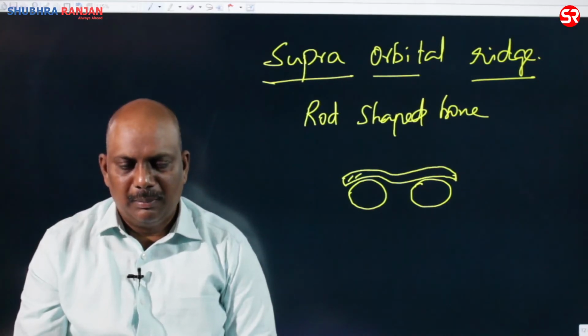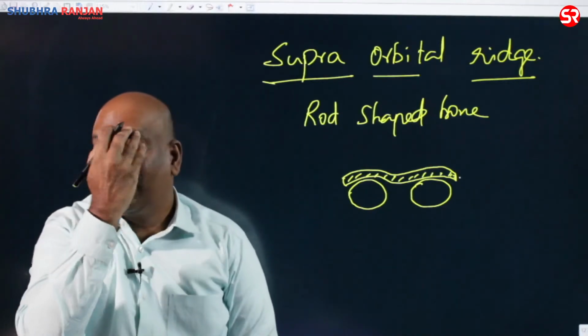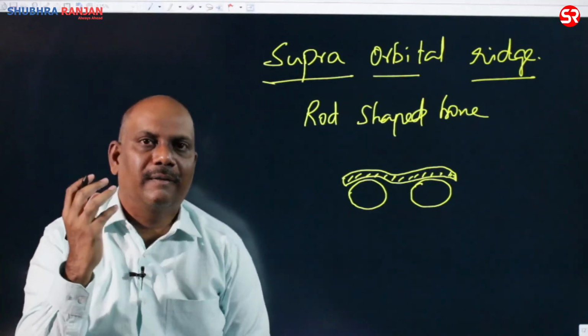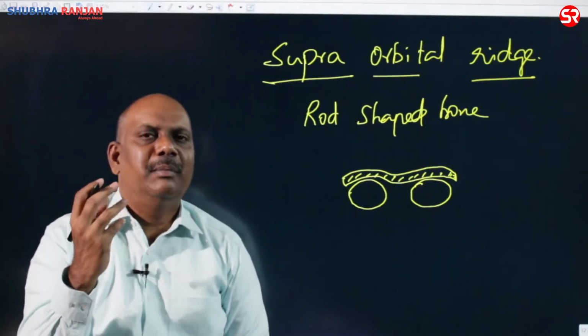There will be a thick bone which runs like a rod here. This is called a supraorbital ridge, and this is a very primitive feature.